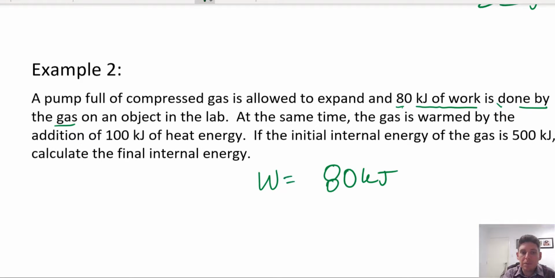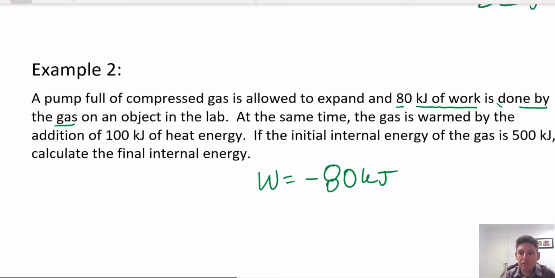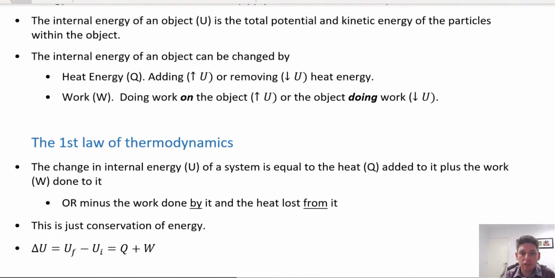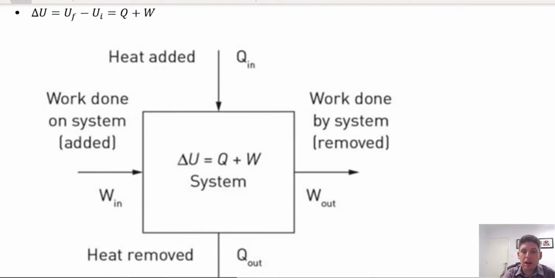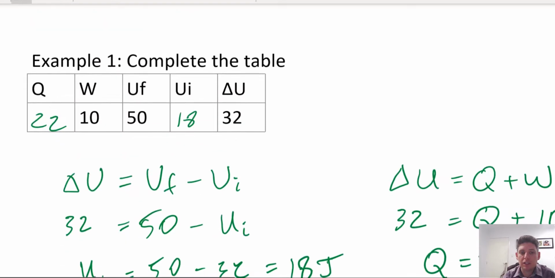And it's done by the gas, so it's negative. Remembering our diagram from before, work done by the system is going out, so it's negative. Heat added is going in, it's positive.